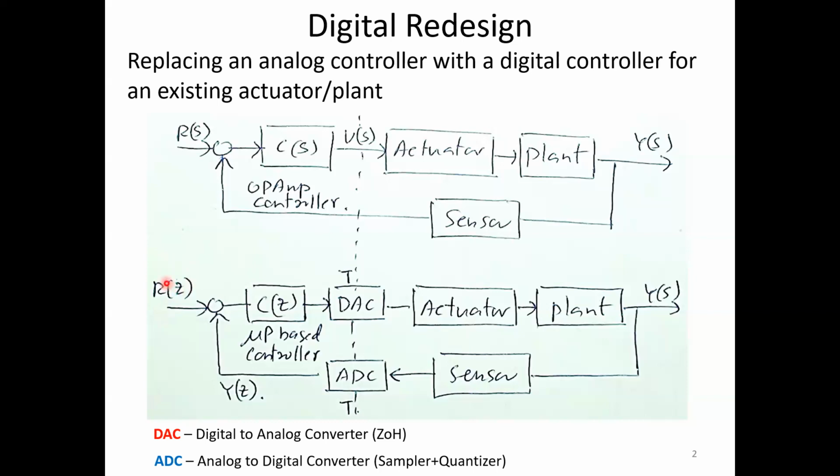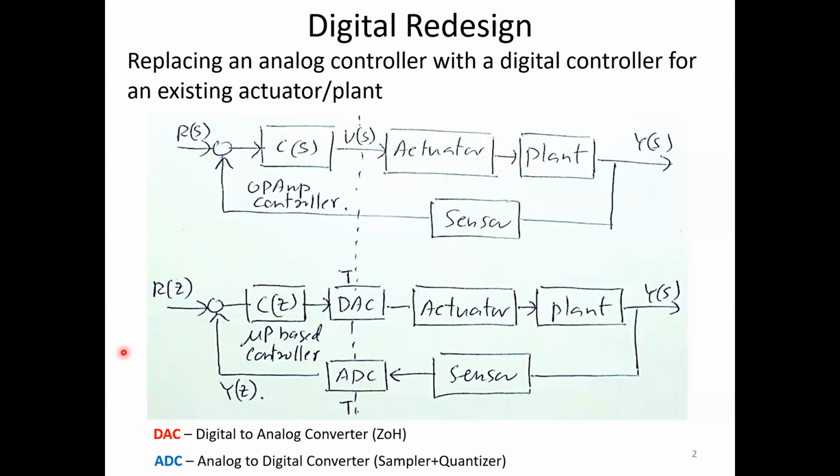And you have to make sure that it is not just R(z). There's another signal coming, that is the feedback from the right-hand side over here. So it also has to be a discrete signal, with the same sampling interval. So you have to discretize the response y(s) also. Let's say you have it, and the two signals, the reference signal as well as the response signal, are now available in their discrete format.